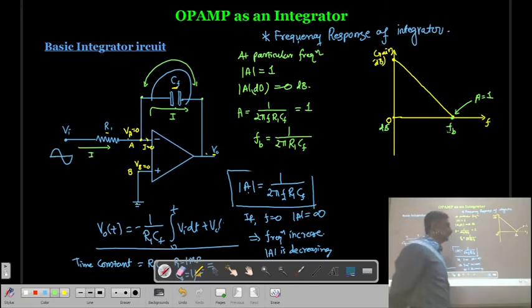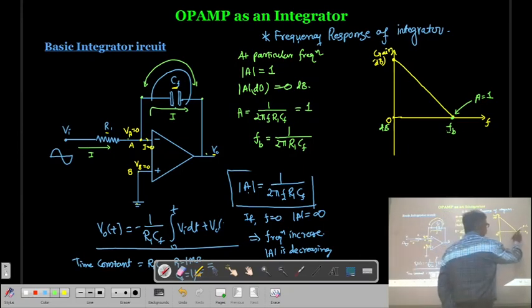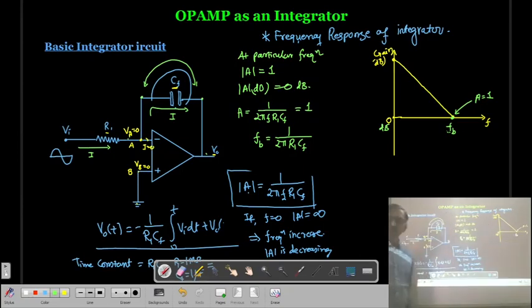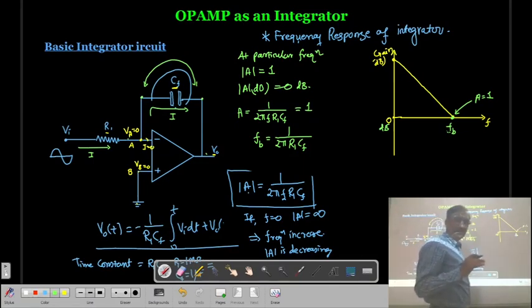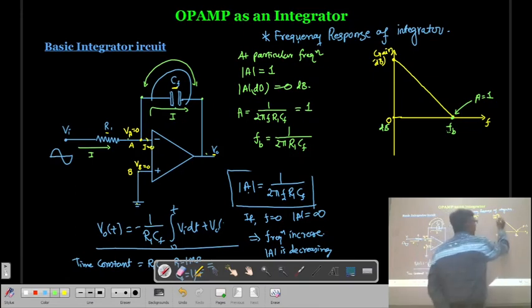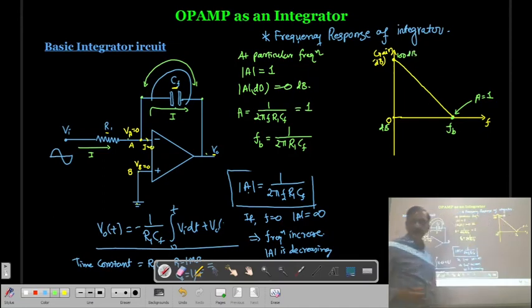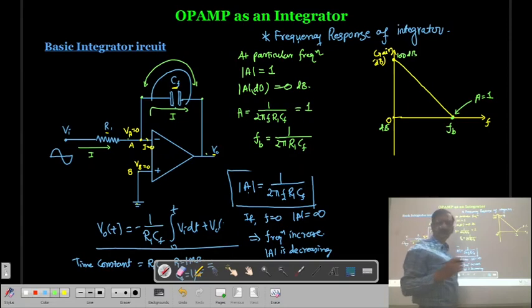Here you can see that if my input frequency is less than fb, then it will give you proper integration. Okay? But what is the bandwidth? Here let us say my maximum gain is 100 dB. It is infinite, means very large. But if we consider, let us say, it is 100 dB, then the bandwidth means what? 100 minus 3, it is 97 dB.